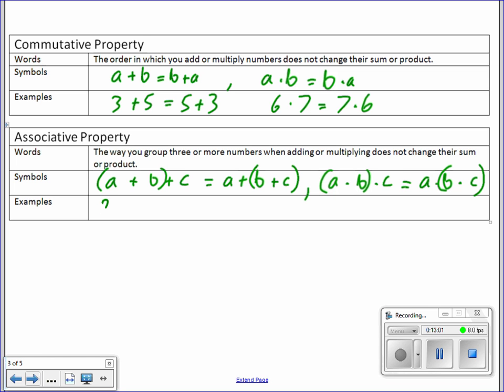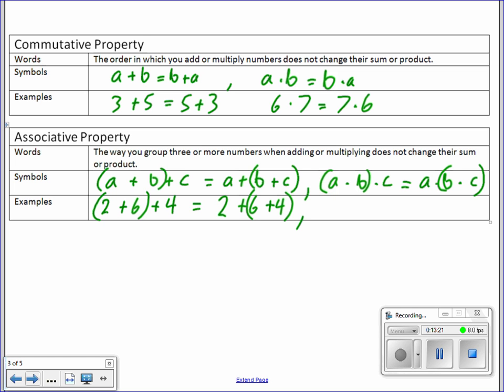Examples: 2 plus 6 plus 4. 2 plus 6 is 8, plus 4 is 12. I change it around and do 6 plus 4 is 10, plus 2 is 12.